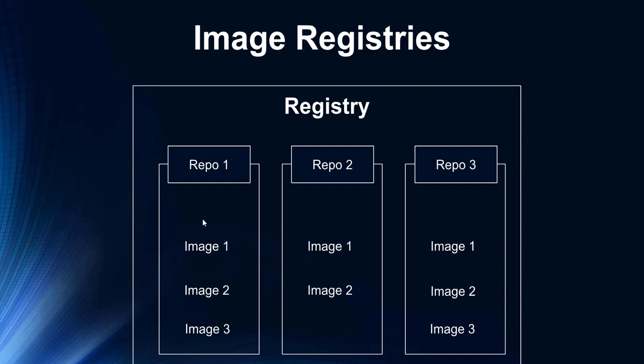What are image registries? Image registries are simply a website or store that contains repositories, and inside the repositories different images exist. As you see in the diagram in front of you, here's a registry, the main registry, and there are repos, repositories.